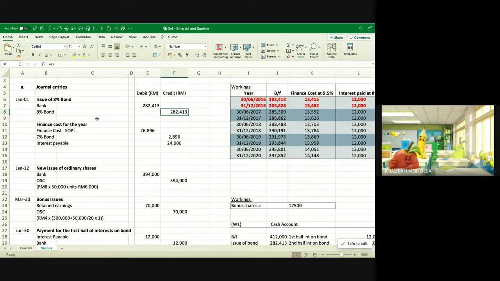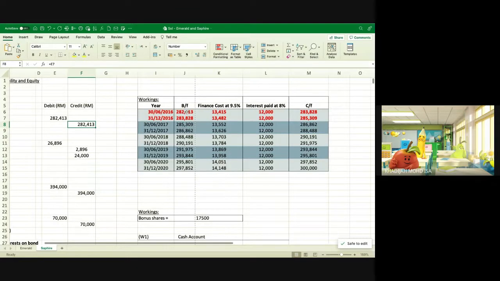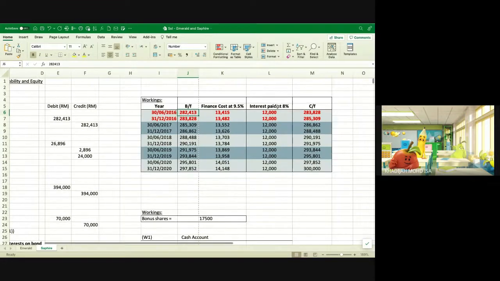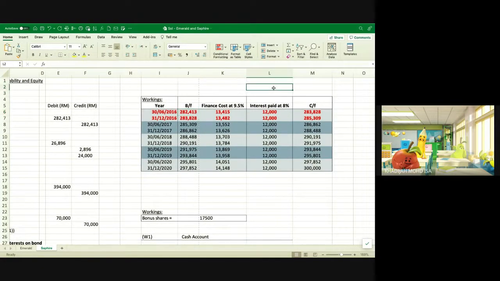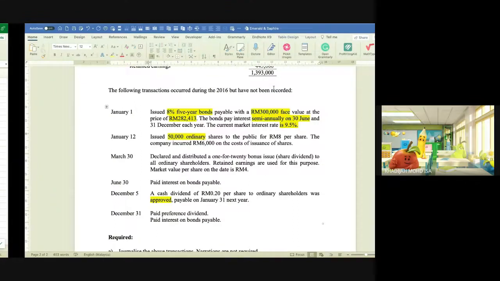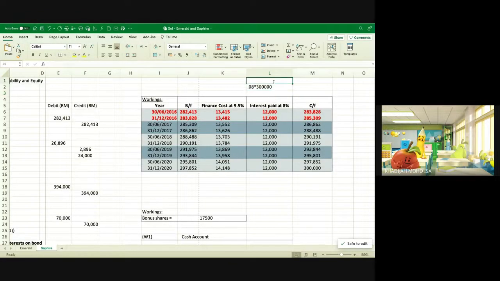So how are you going to have the second entry with regard to the interest cost or the finance cost? Remember the 282,413, but because they are paying 2 times interest during the year, the 8% interest, if the interest is 0.08 and the value of the bond is 300,000, how much is that? 8% on that is 24,000.